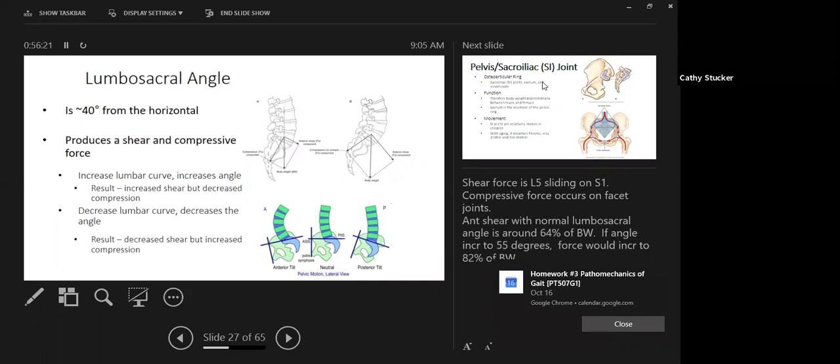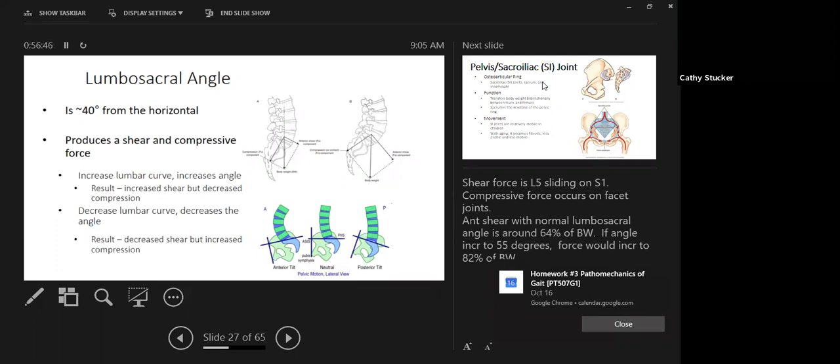The image on your left shows us less lordosis, and the one on the right is showing more lordosis. And if you look at the X and Y axes for those resultant forces, you can see with the one on the right, there's a much longer resultant force pulling down.